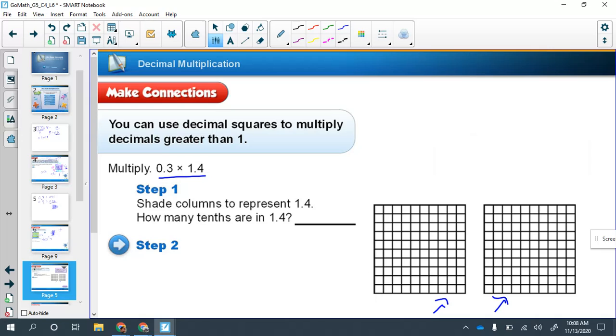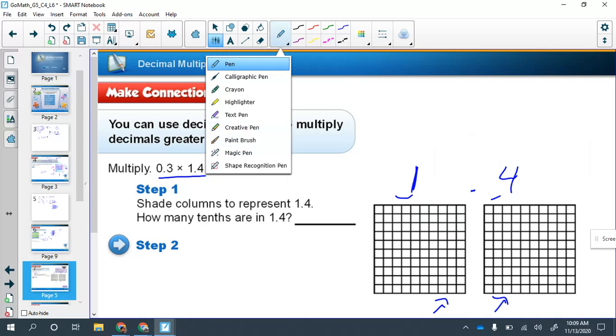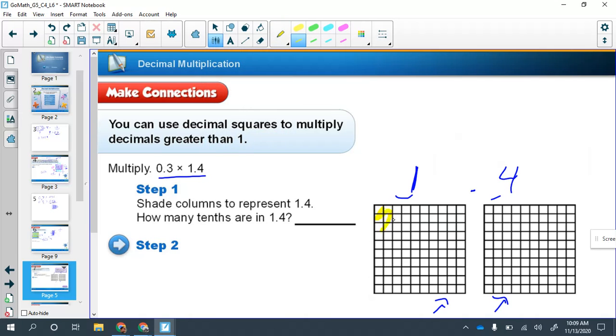When we do this kind, we want to make sure that we put the number that is greater than 1 going across the top of both of these, right? Because what this allows me to do is for my 1, I can shade in this entire model, right? So I could take my highlighter and I could shade in this entire model, because that is one whole that is shaded in here.